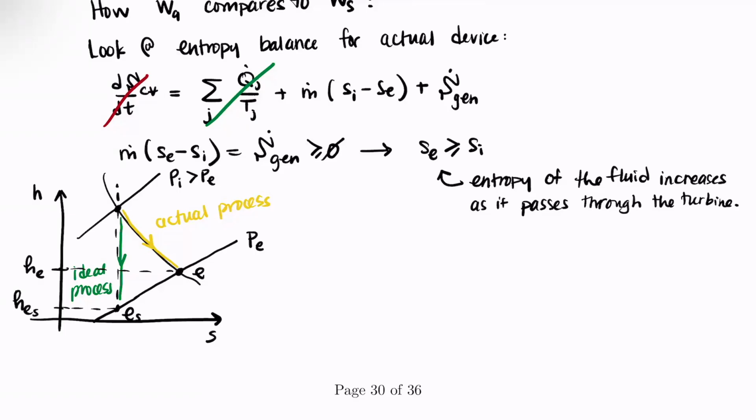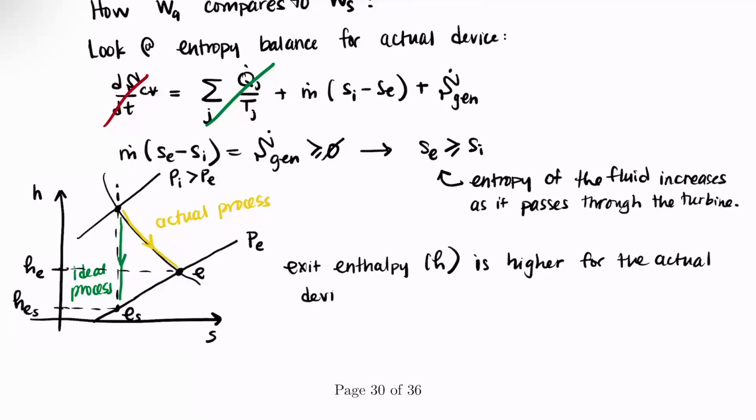All right, so this means that the exit enthalpy, which is H, is higher or larger for the actual device compared to the ideal device.